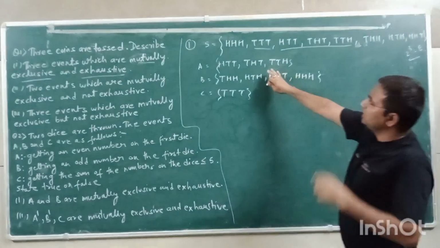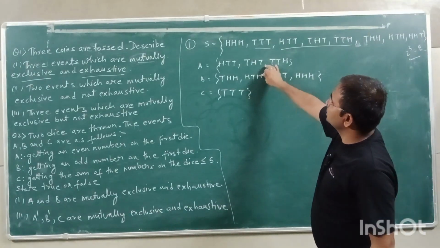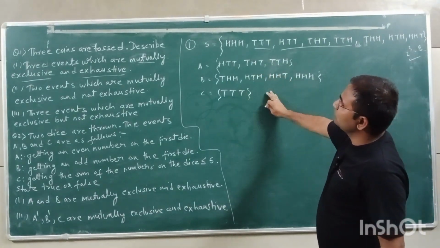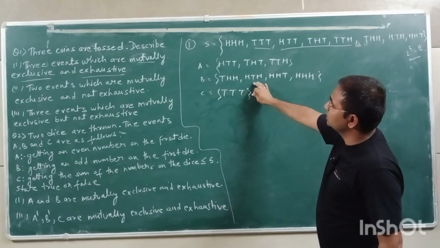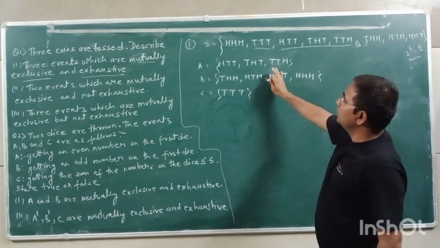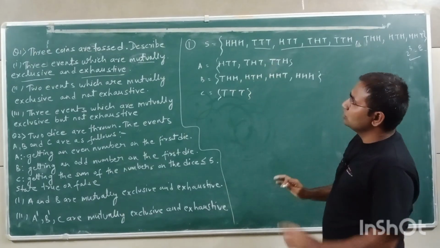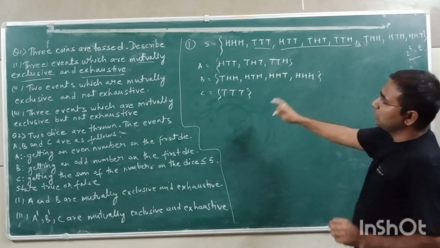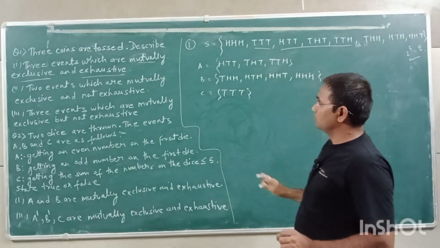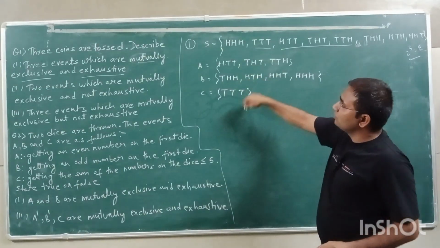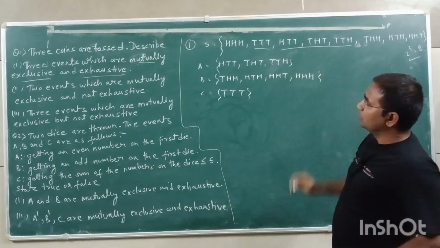If you take the intersection of these, you get no element. If you take the intersection of any two events, no element comes. It means all are mutually exclusive. Now if you take the union of all elements, you get the sample space.